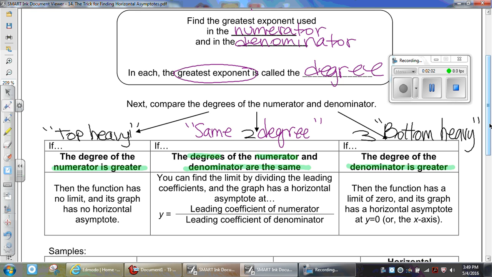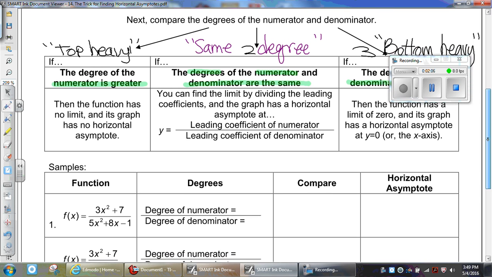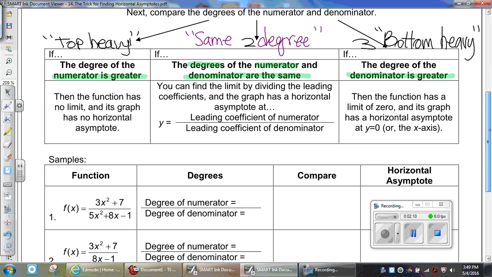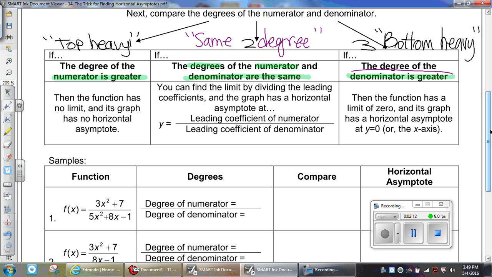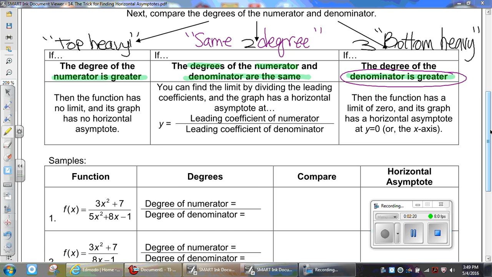Okay. Now it's very easy to find the horizontal asymptotes if you have a rational function where the denominator is greater. This is the easiest because by default, the horizontal asymptote will always be y equals 0.